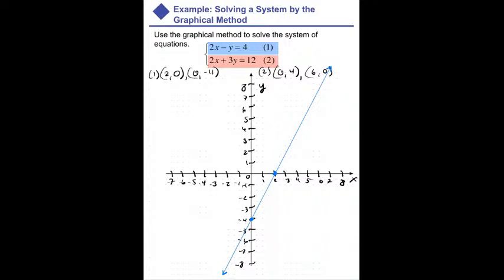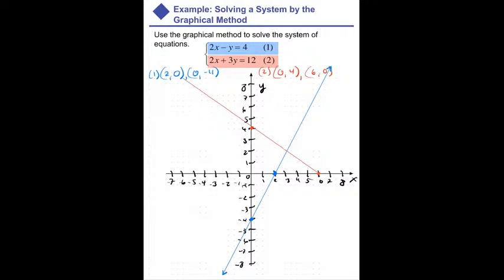Let's see, that looks good. And then equation 2, here, let's do like this. And then let's go style. Okay. So we're going to do that one in red. The y-intercept is 4. The x-intercept is 6. And we just connect it with a straight edge. What I'm going to do is go like this. Just kind of get close.